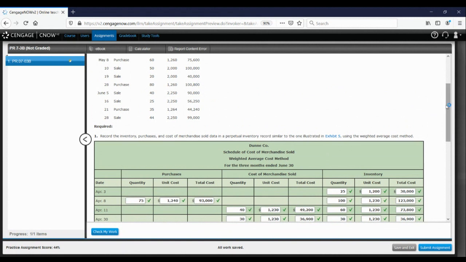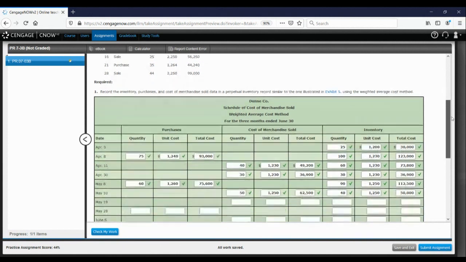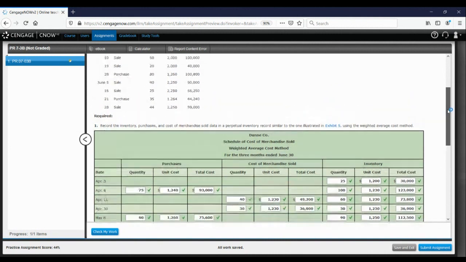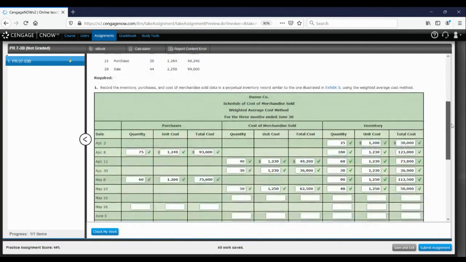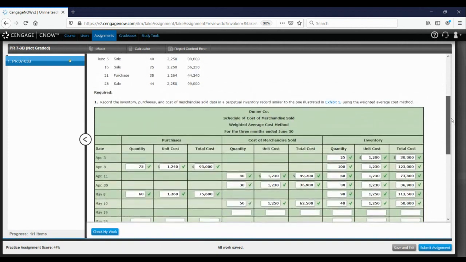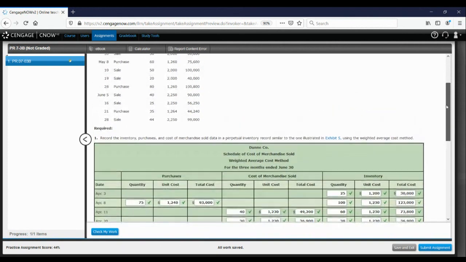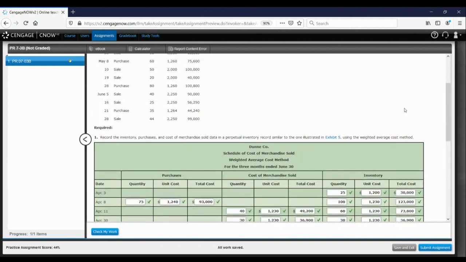We would need to determine the amount of the cost of merchandise sold before we could do the journal entry for cost of merchandise sold. So we sold 20 units. No, excuse me. Yeah, we're on May 18th. I'm sorry. Excuse me, May 19th. We sold 20 units.